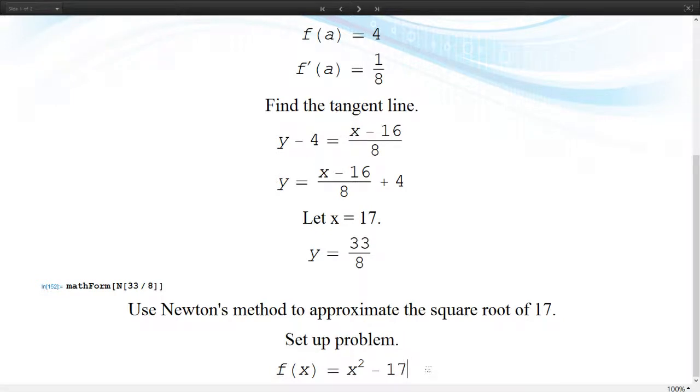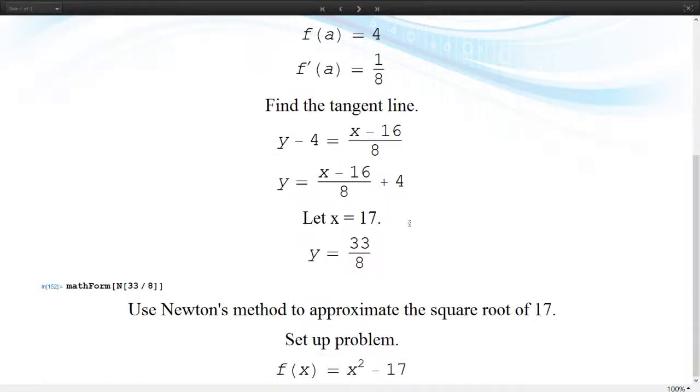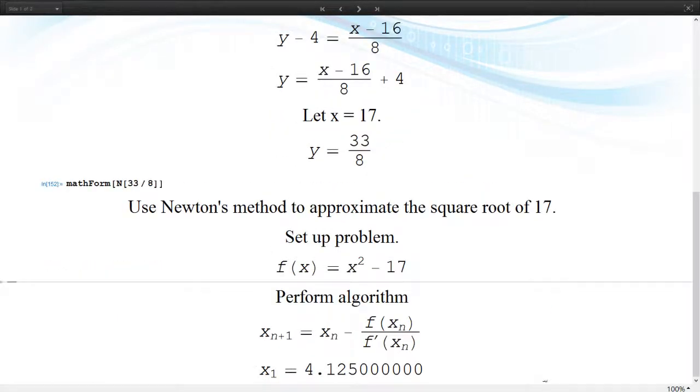That's how Newton's method works: the value we're looking for is the one that makes the function 0, as opposed to here, where the value that comes out is the value we're looking for. I think Newton's method is sometimes a little more abstract, a little bit harder to understand at first.